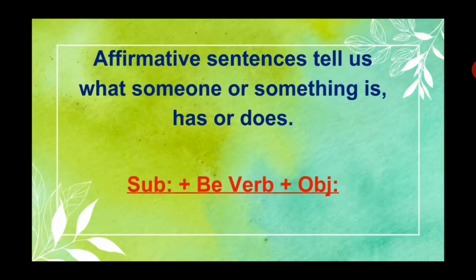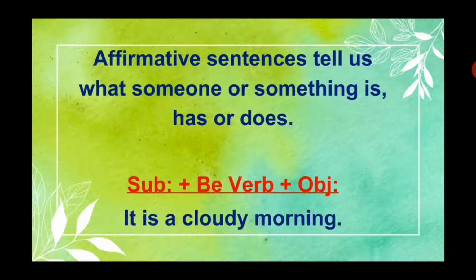Let's go for the structure and example of it. First, let's go for structure. The structure of affirmative sentences is subject plus be verb plus object. Look at the example. The subject is it, be verb is, then object is a cloudy morning. So the sentence is, it is a cloudy morning.